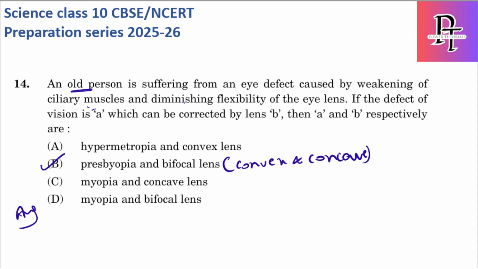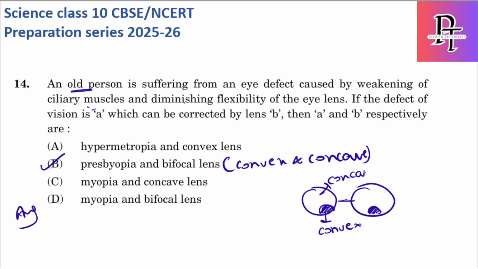So if you have older persons in your home and if you observe their spectacles, what will happen is they'll have glasses like this and they'll have a small portion here. So this part is the convex part and this part is the concave part.